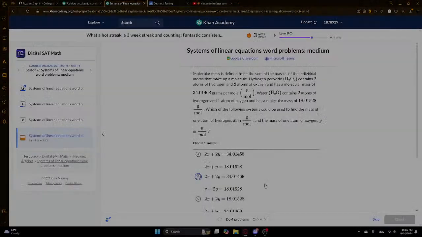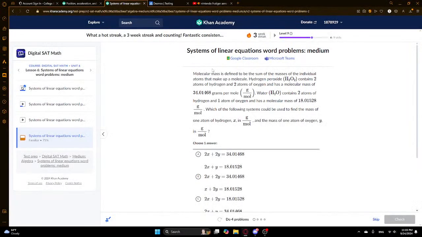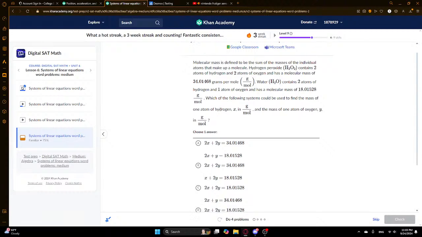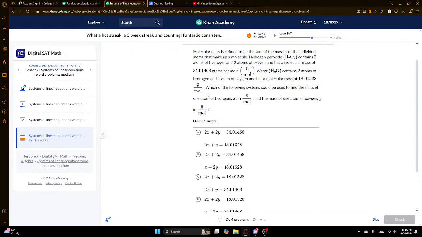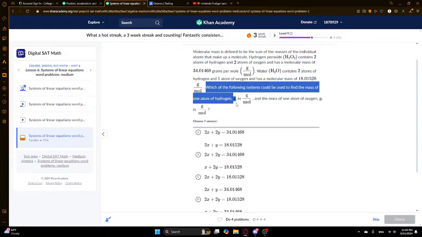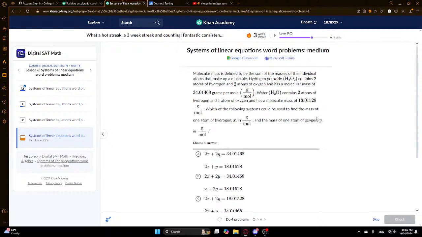Is the method. Which of the following systems could be used for the mass of one atom of hydrogen X?